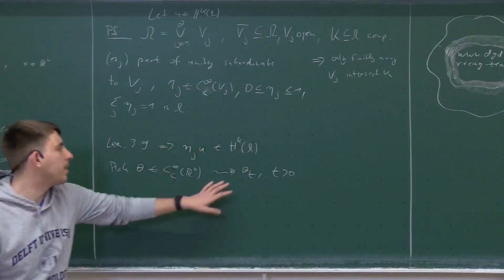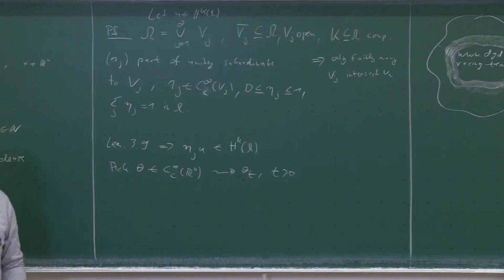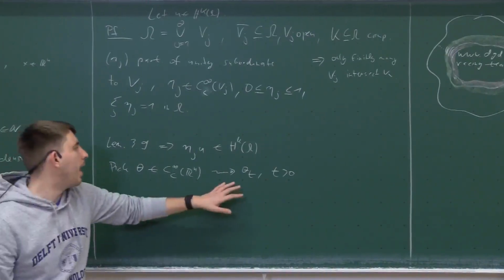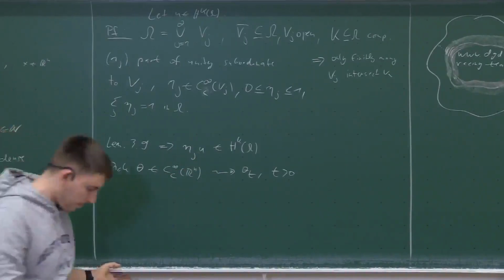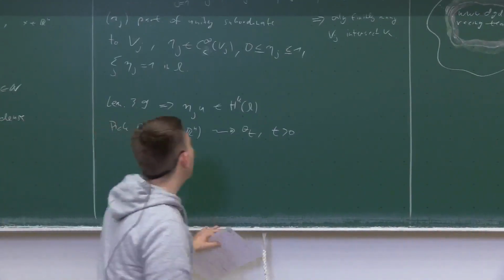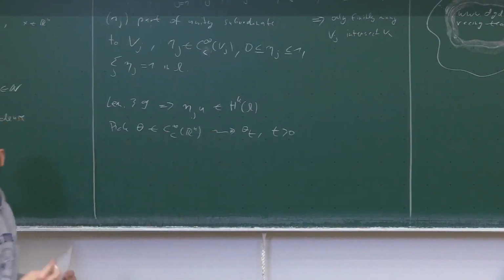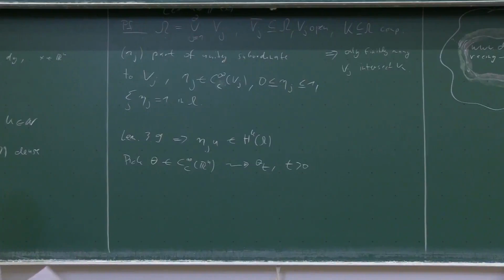We had that if we take the convolution with this theta t and send t to infinity, it will behave as an approximation of unity and approximate u in the L2 topology. And what we can do now is, we take this function, it's some Hk function with a compact support, so we can extend it by 0, and then we are in the Rn situation, and there we can mollify.